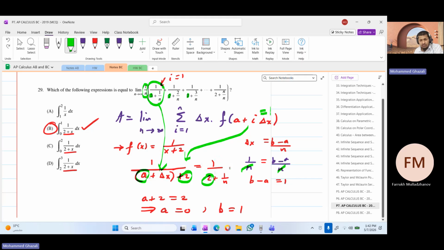So that's 1 over 2 plus 1 over n. Makes sense? Then a plus 2 equals 2.